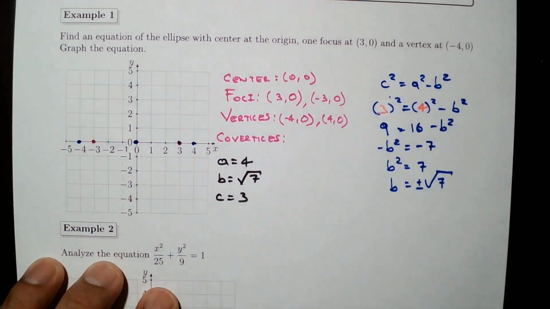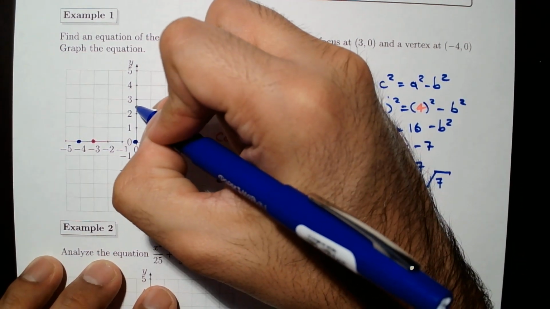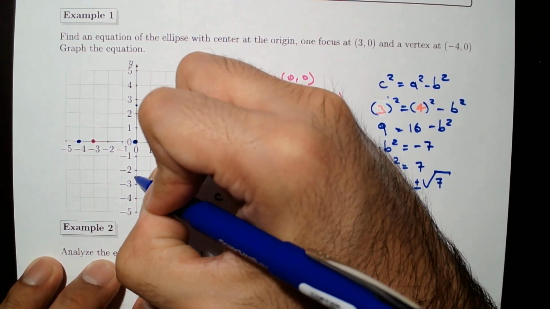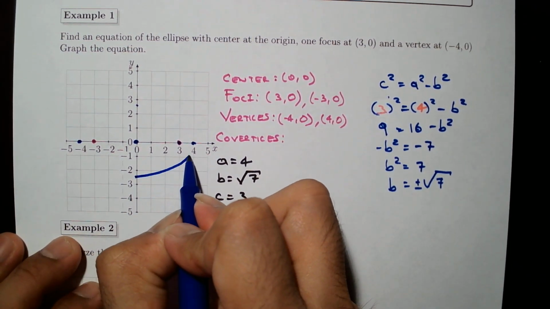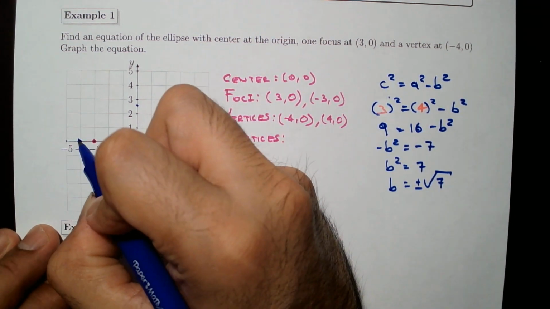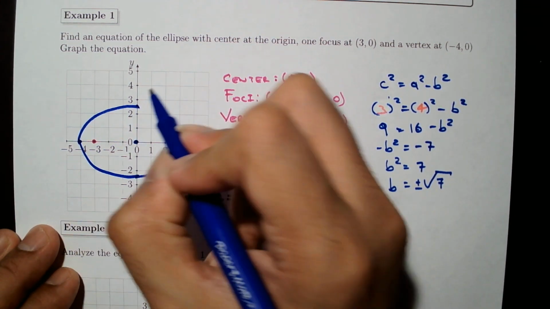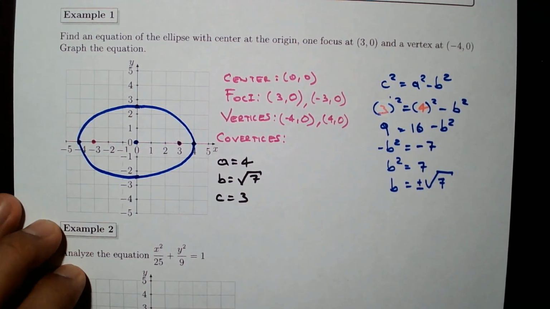So 2.6 roughly, so I'm going to move 2.6 roughly up and 2.6 roughly down. So that's how we are going to draw our ellipse.